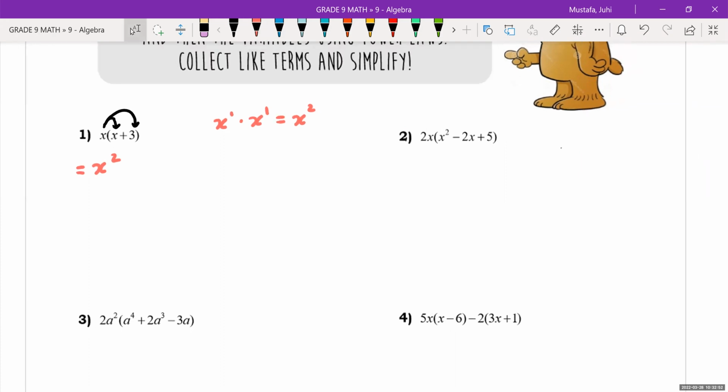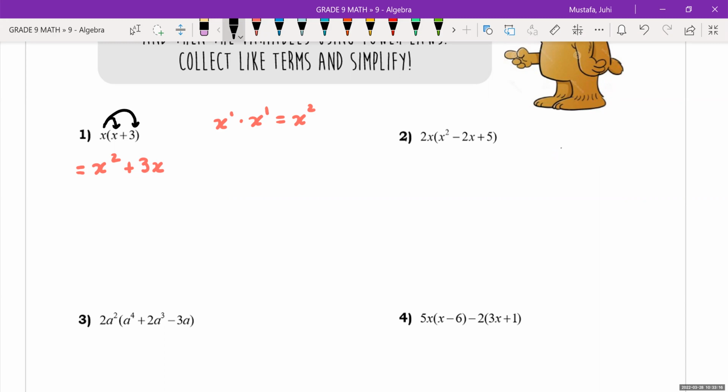And then x times +3, there are no like terms. You can't use power laws or anything like that. You're just going to glue them together, and it's just going to be +3x. And that's your final answer. So it's not super tricky or anything like that. You just have to be mindful that now you're using your power laws again.